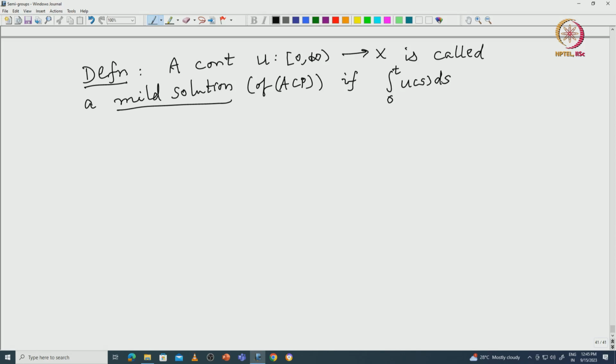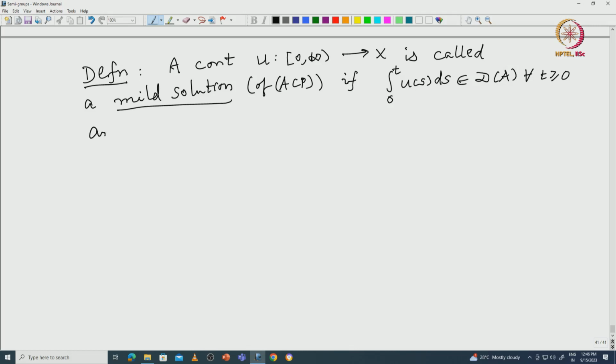So, because of the continuity assumption, this integral exists and is a vector in X, and we want this to be in the domain of A for all t greater than or equal to 0. Okay. Because at 0 it is just the 0 vector and D(A) is a subspace.